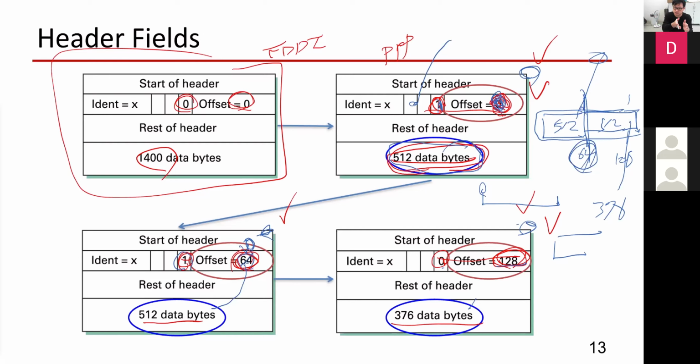Okay, so this is 32 bits: 1, 2, 4, 8, 16, 32.